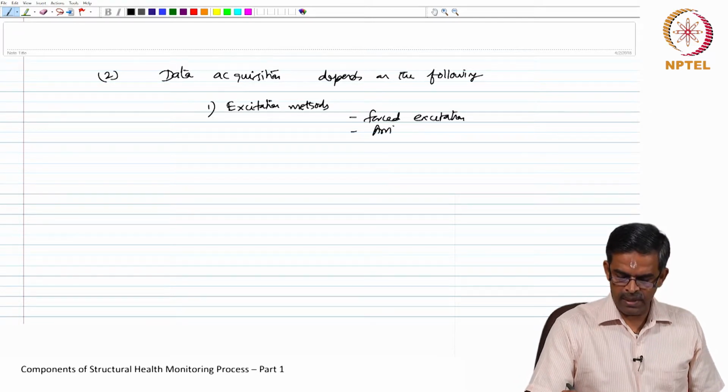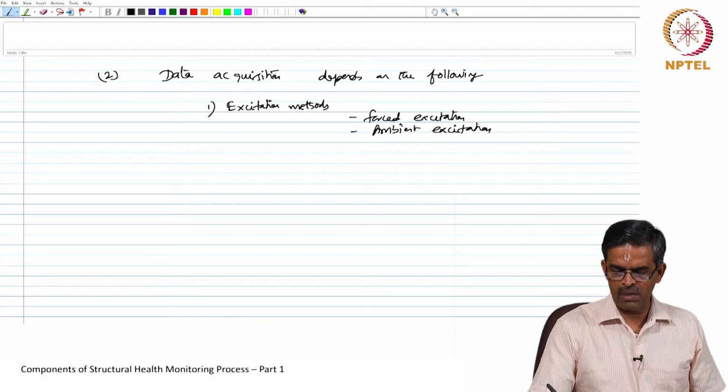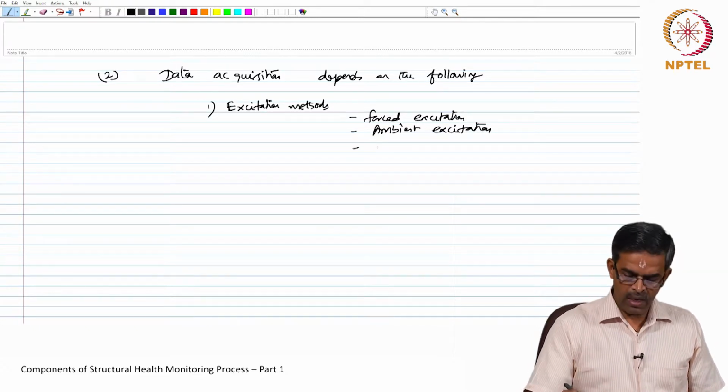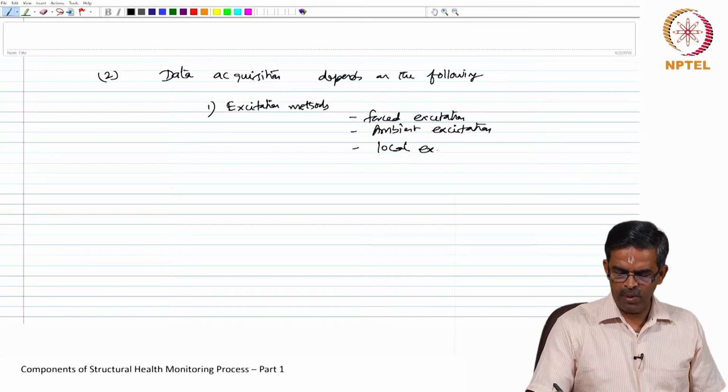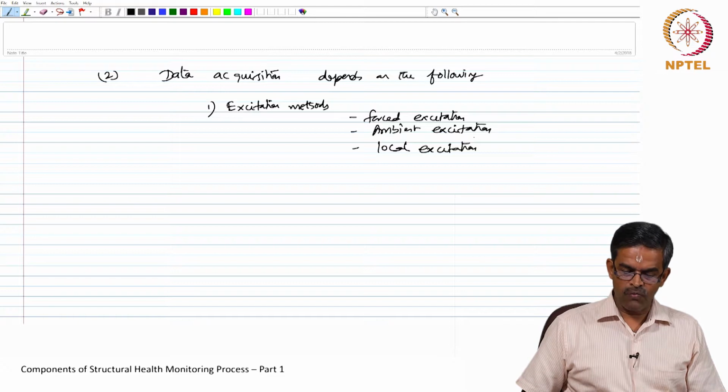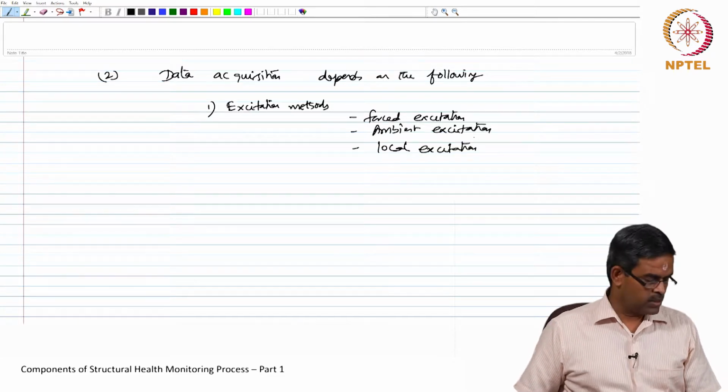Is it an ambient excitation, because in that case the frequency can be relatively low, and is it a local or a global excitation, because if it is local, the forces will be of a lower level, if it is global it may require larger forces.